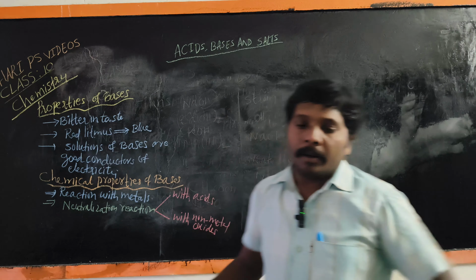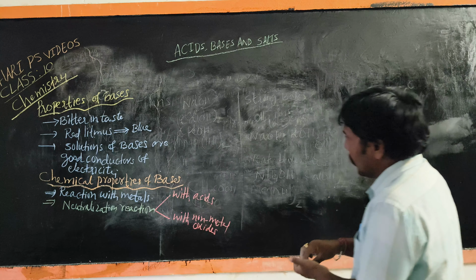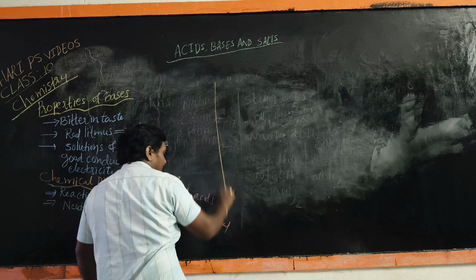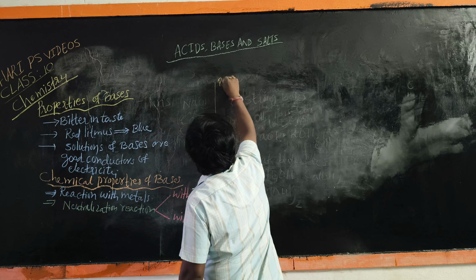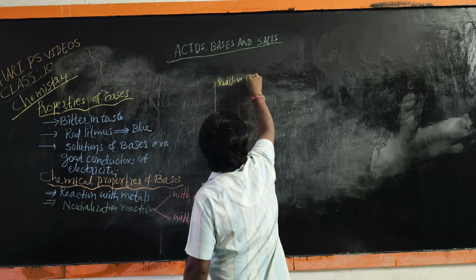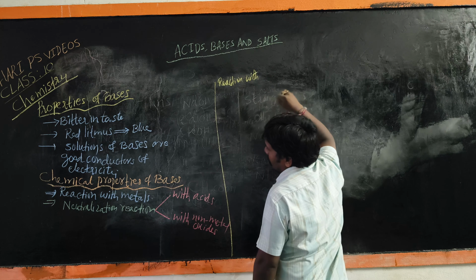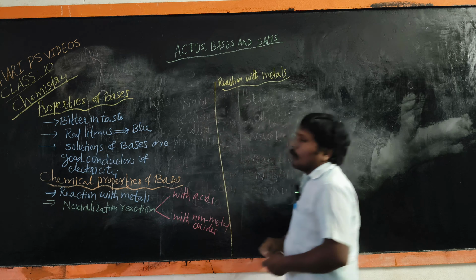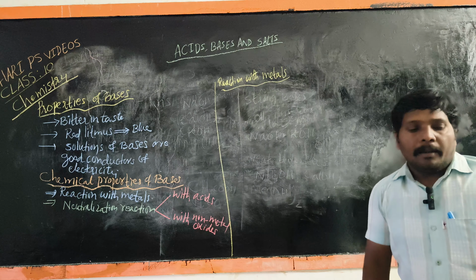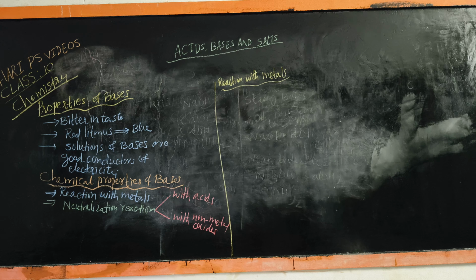Let us discuss them one by one. The chemical properties of bases. First one, reaction with metals. What happens when bases react with metals?